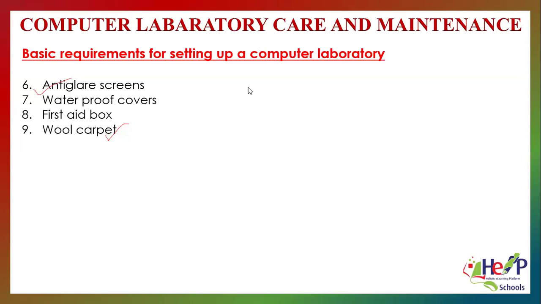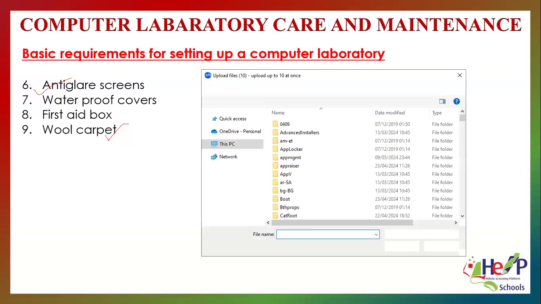Or any other accident, like the CPU has fallen on his or her leg, they can first give him or her some first aid before he's taken to the hospital. Yes, that's all.